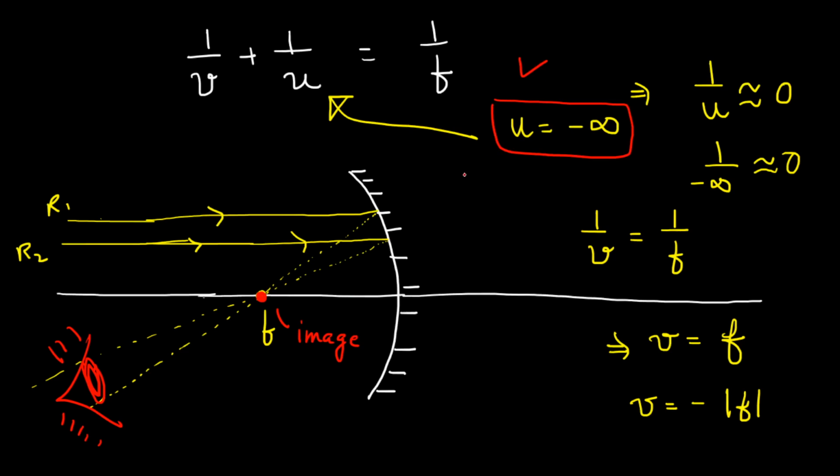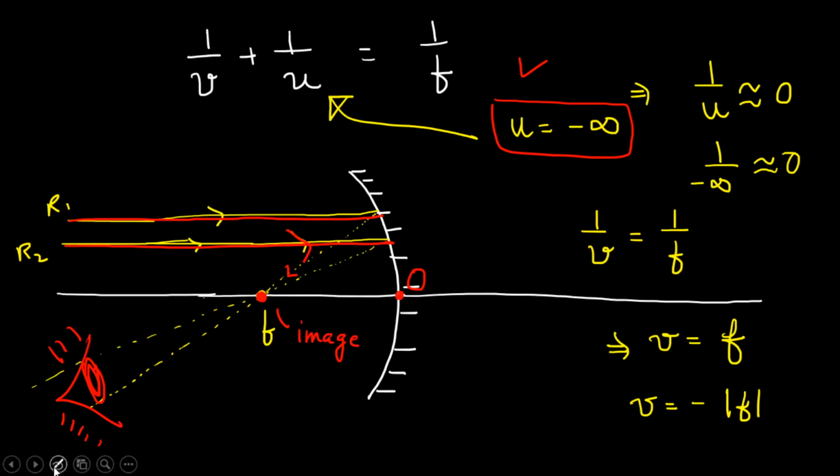Now, the main conclusion for you is that the rays which are parallel to the so-called line that is passing through the optical center get reflected and pass through the focus.